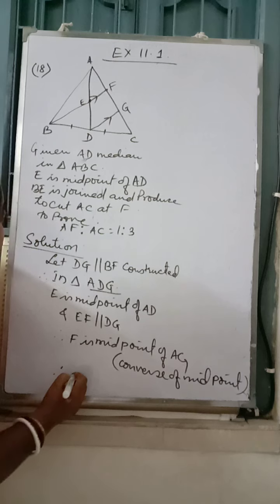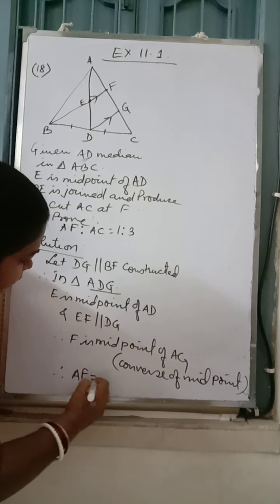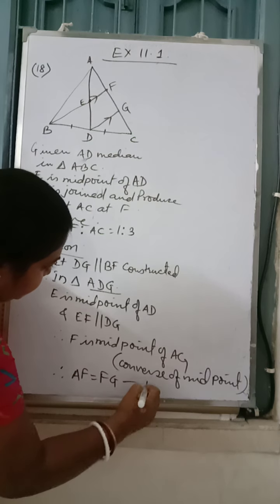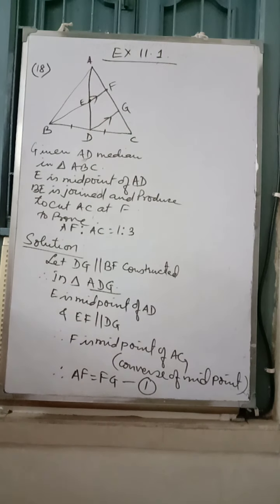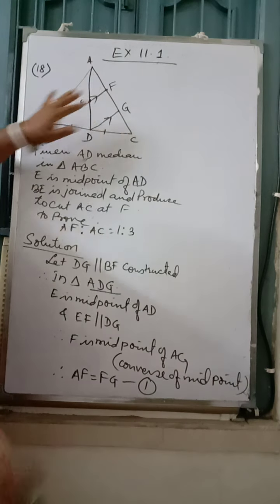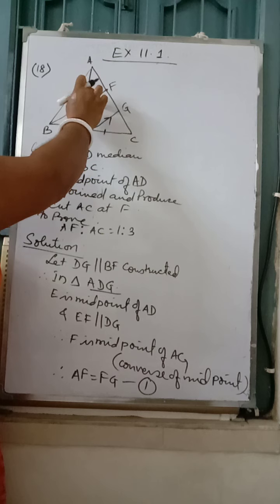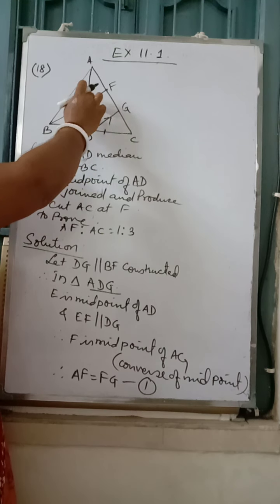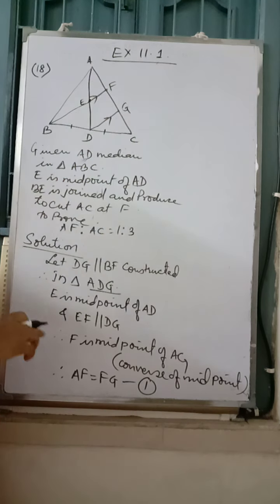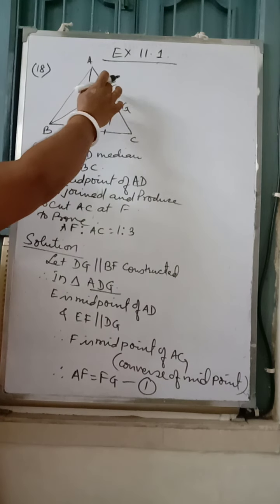So that's what we can write. AF is equal to FG, situation number 1. We have taken in triangle ADG, E was a midpoint and these two lines were parallel, so F would be the midpoint of AG. That is proved.